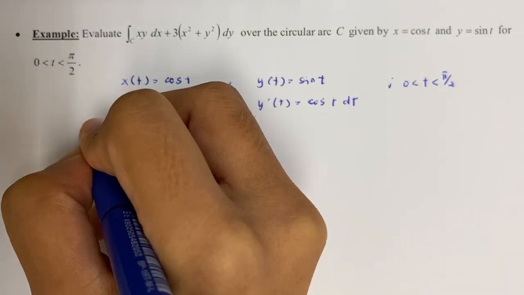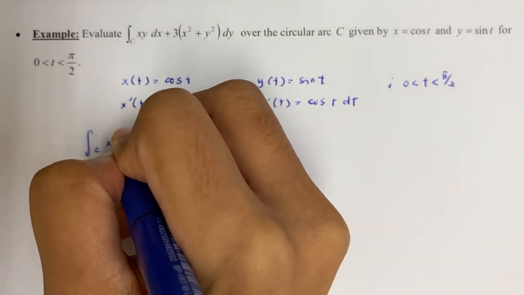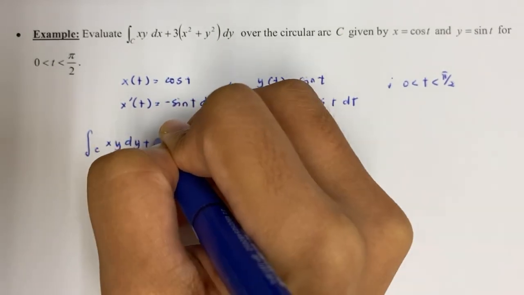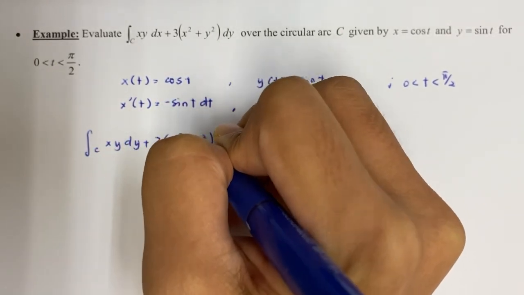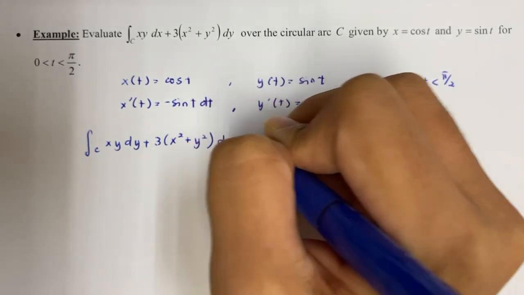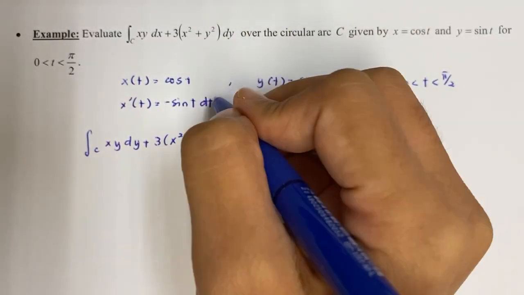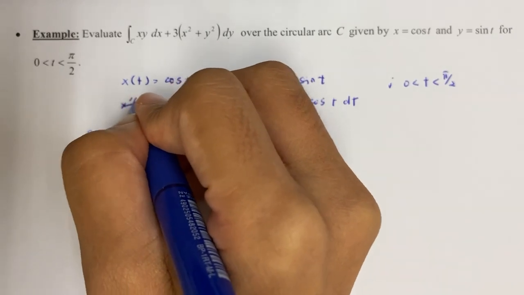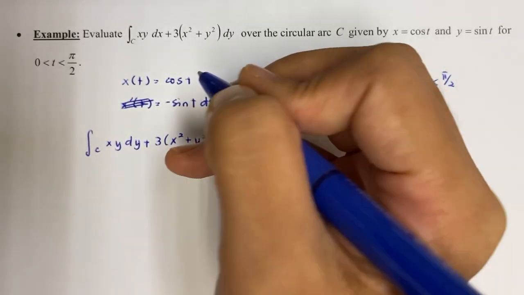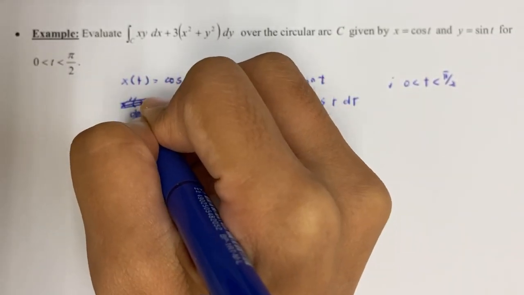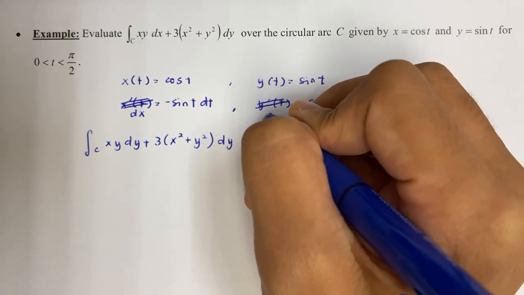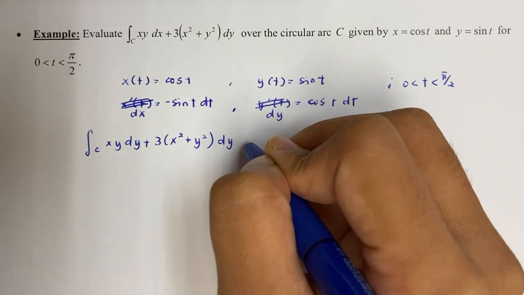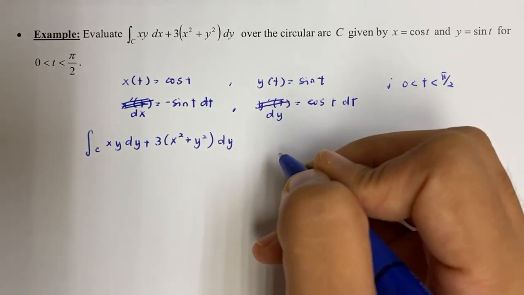So the integral over C of xy dx plus (3x square plus y square) dy. This is dx over dt, so instead of x prime we use dx, and instead of y prime we use dy.